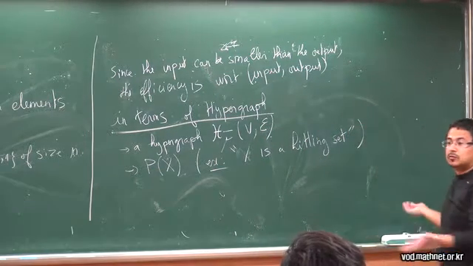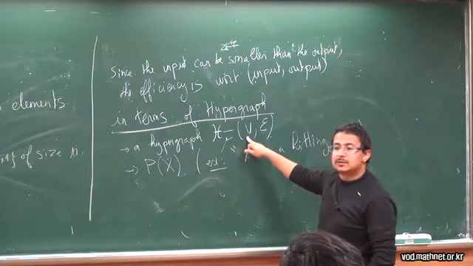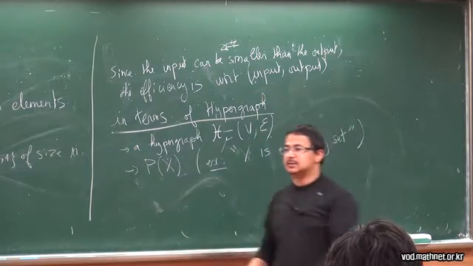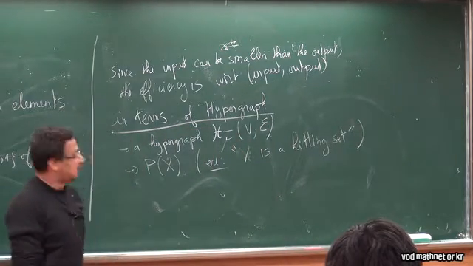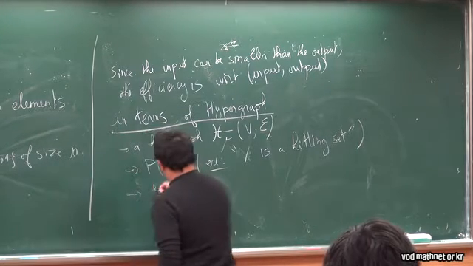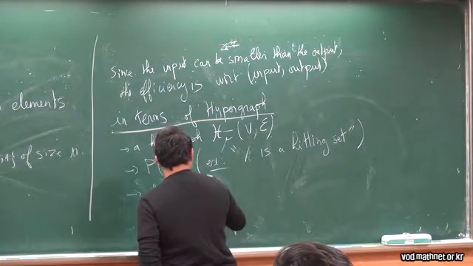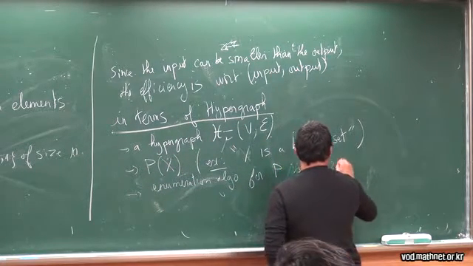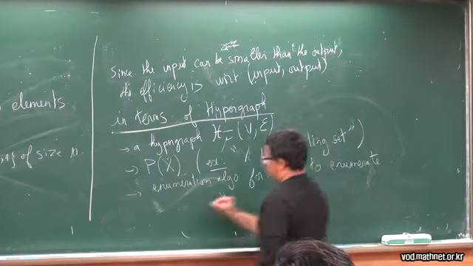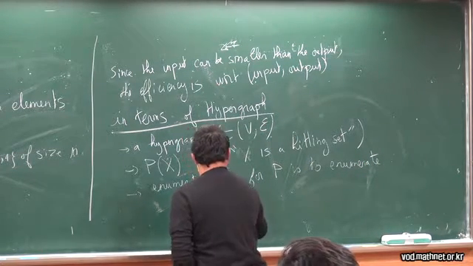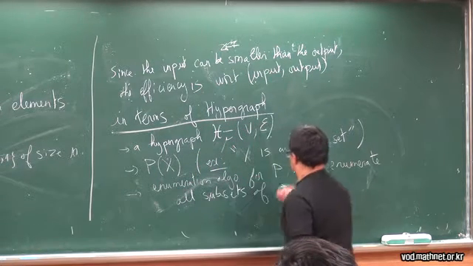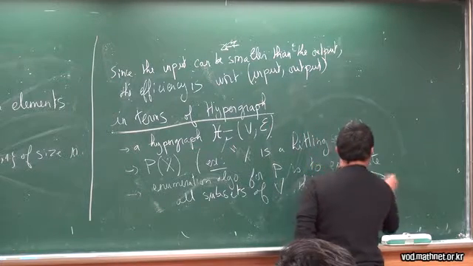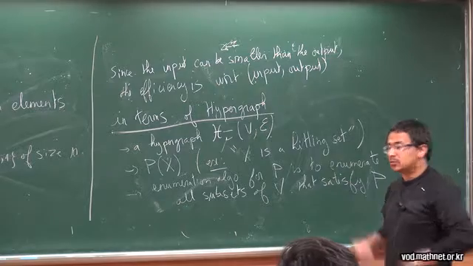Okay, so I give you a property on the subsets of the elements of the hypergraph, the ground set of the hypergraph, and you say P of X, say X for instance is an independent set, X is a hitting set, and so on. So the enumeration algorithm for P is to enumerate all subsets of V that satisfy P. So you want all these subsets.